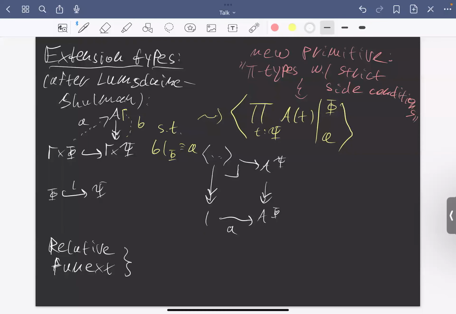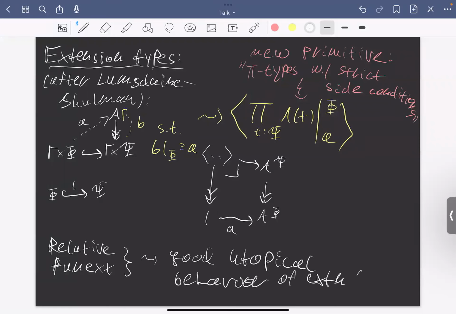So this axiom accounts for good homotopical behavior of the extension types.